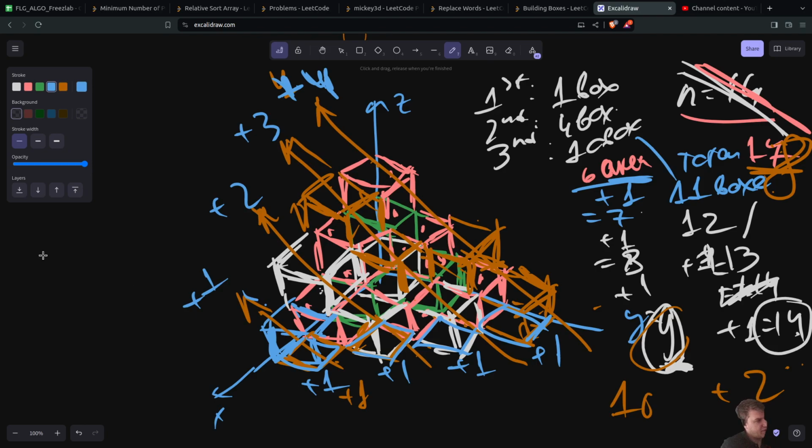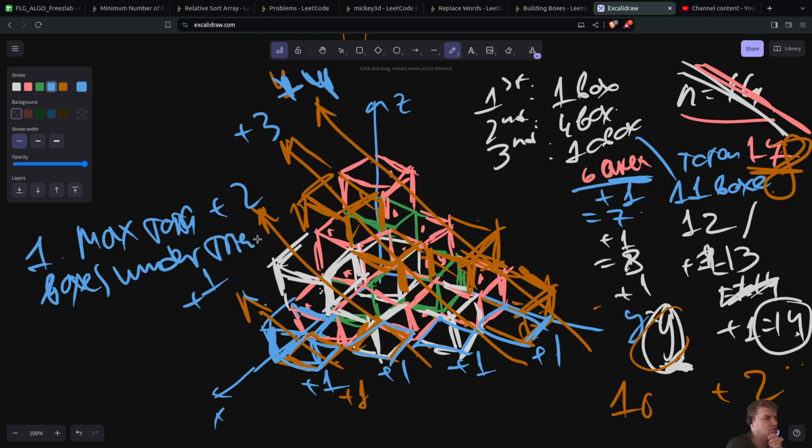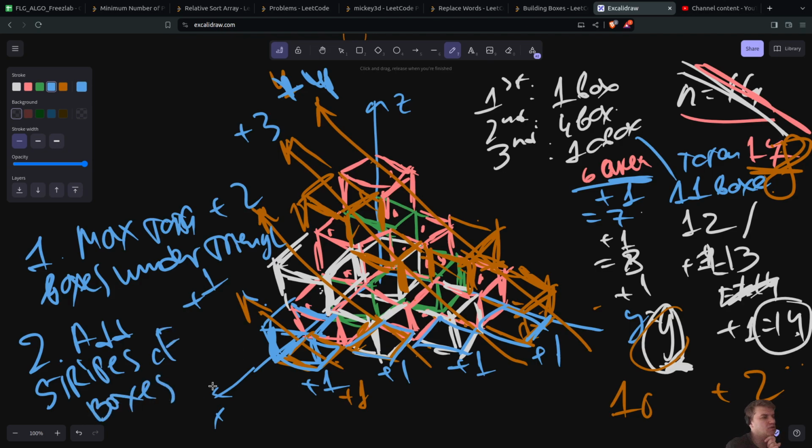First, step number one is calculate the max total boxes under triangle, and second one, add stripes of boxes so n can be adjusted precisely.